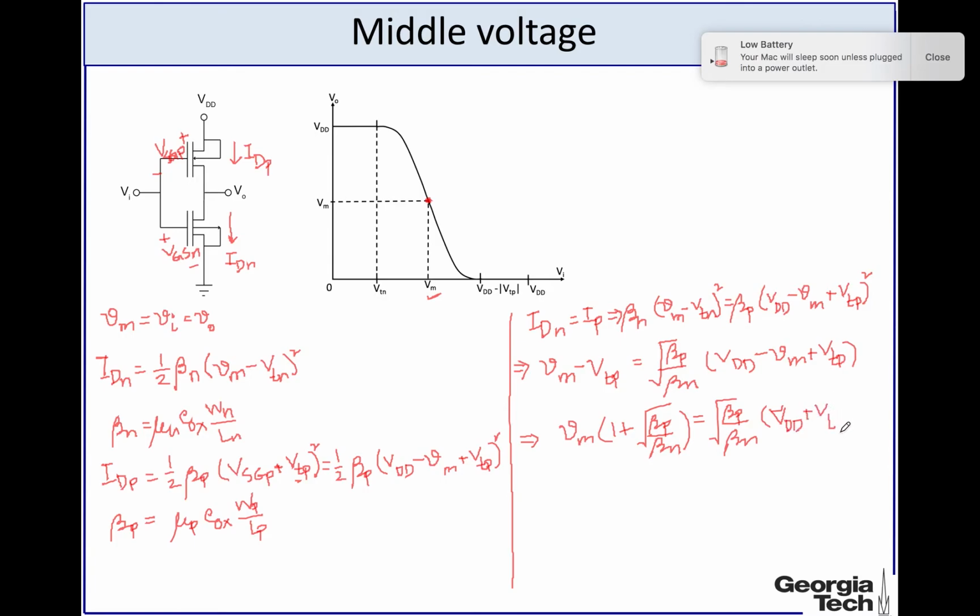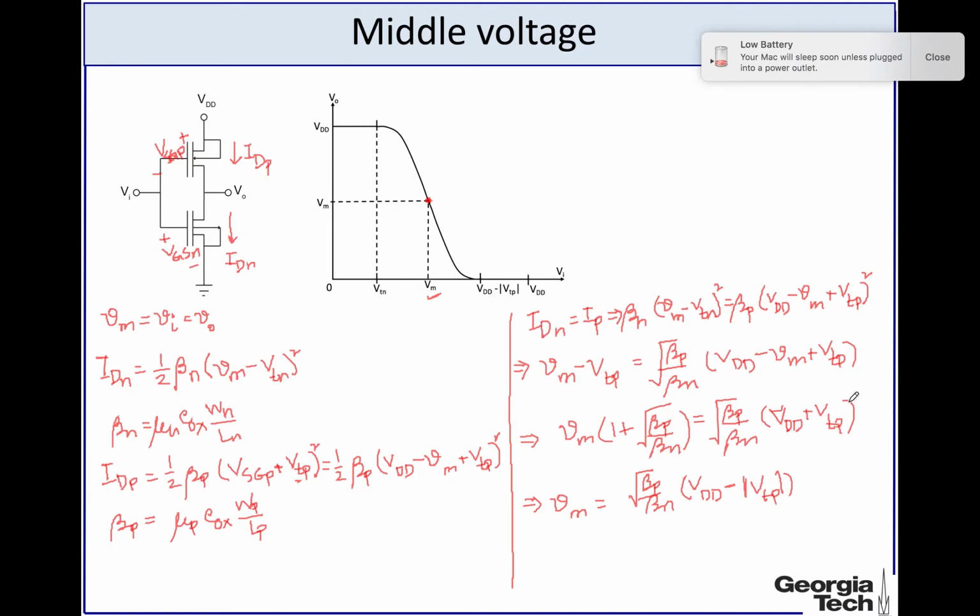Plus VTP, and finally what we get is VM equal to the square root of beta P over beta N multiplied with VDD. Now, because VTP is a negative number, we can replace VTP with minus the magnitude of VTP.